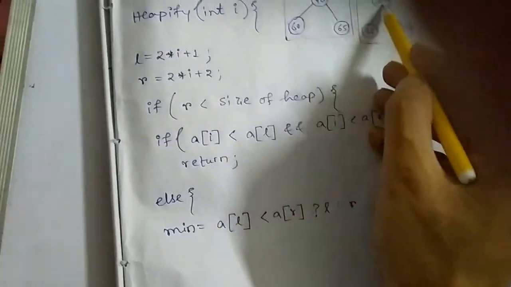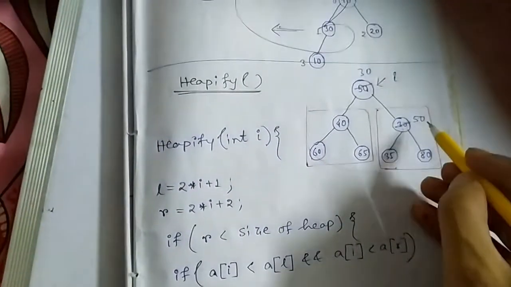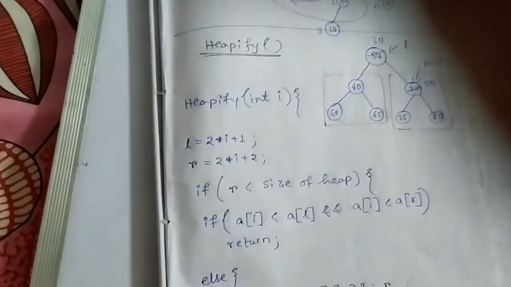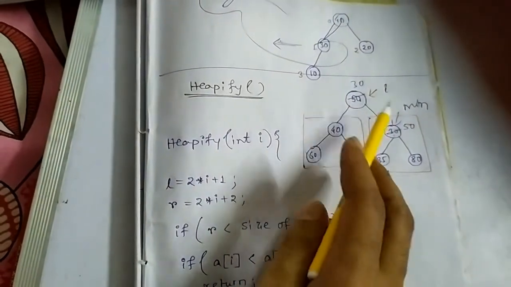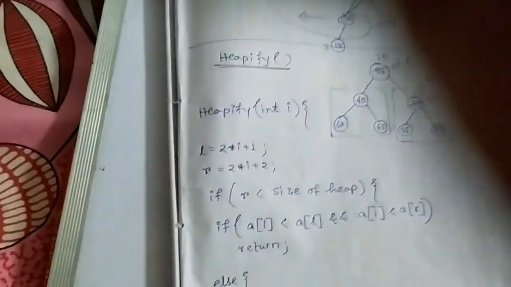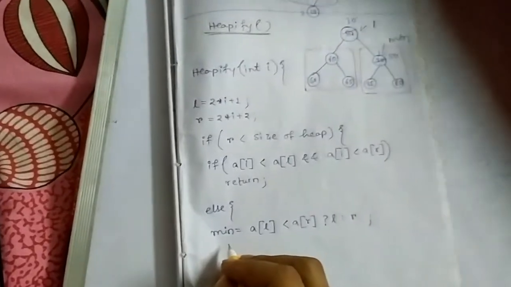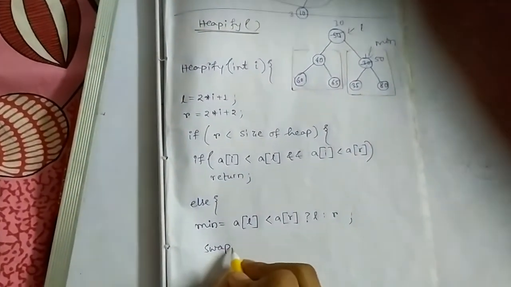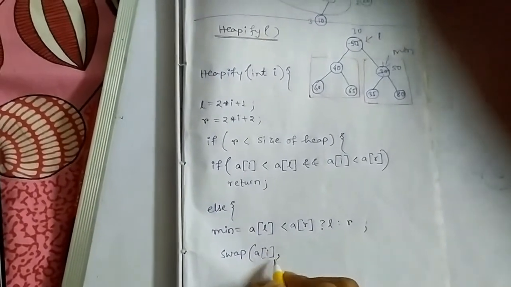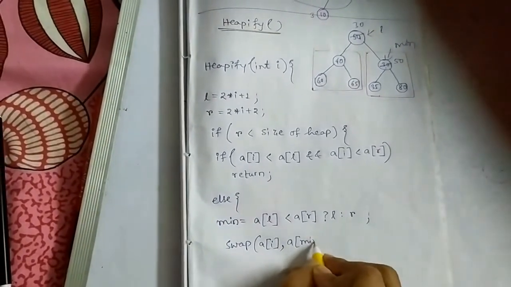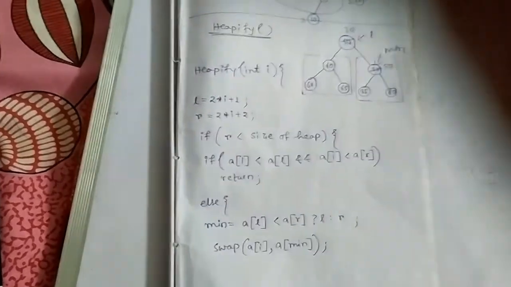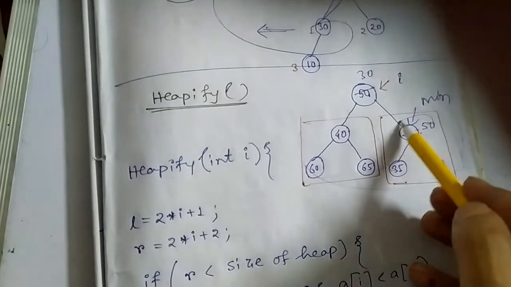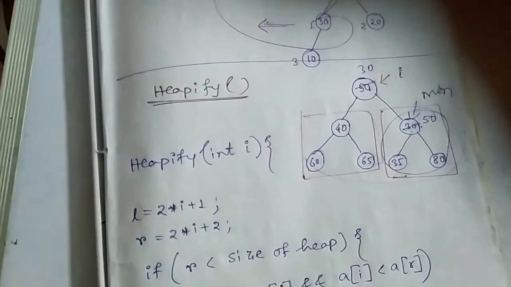Then here this 30 is minimum, so my minimum will point to this node and I am swapping the value of 50 with this minimum. So I will write swap a of i with a of minimum. Then 50 comes here, but still I have to check whether this subtree is a min heap or not.